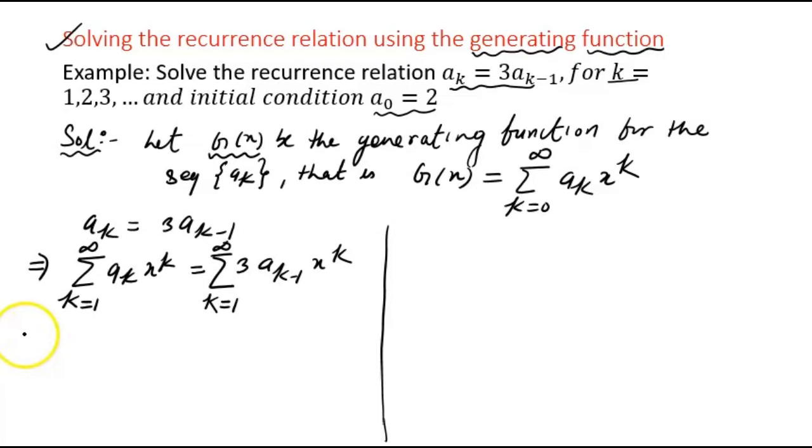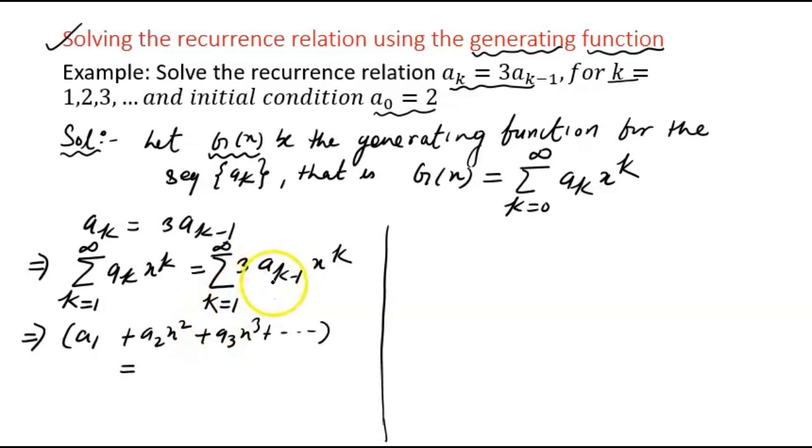So in the left hand side, if I start with k equal to 1 and write it in expanded form, it will be a1 x plus a2 x squared plus a3 x cubed, and so on up to infinity. And this is equal to, in the right hand side, we take k equal to 1.